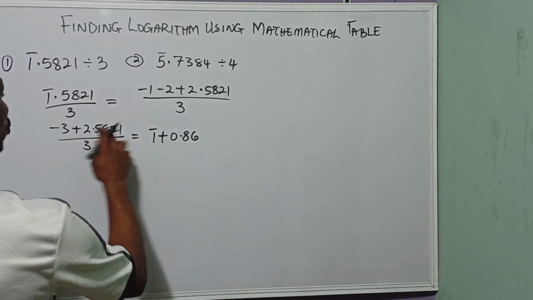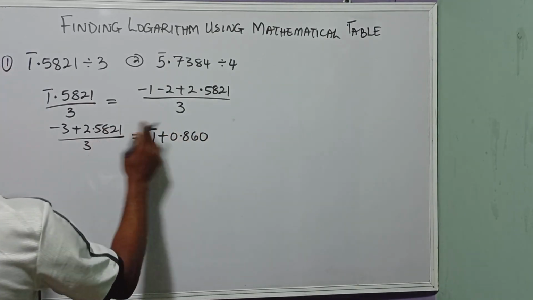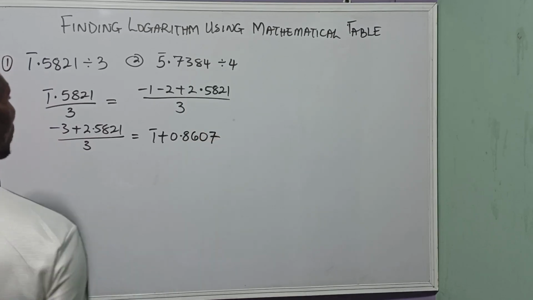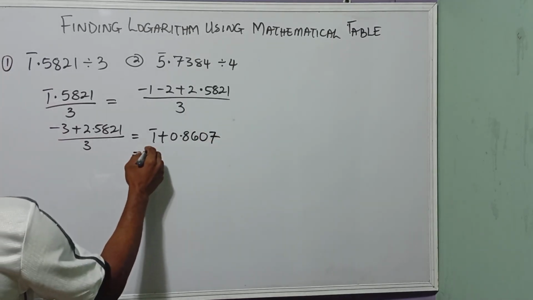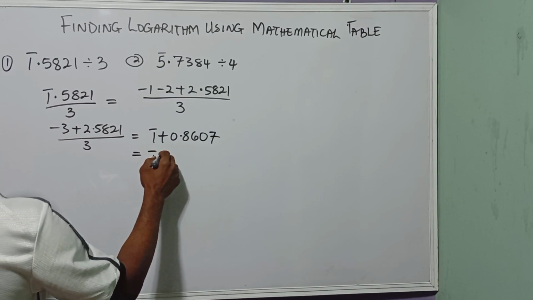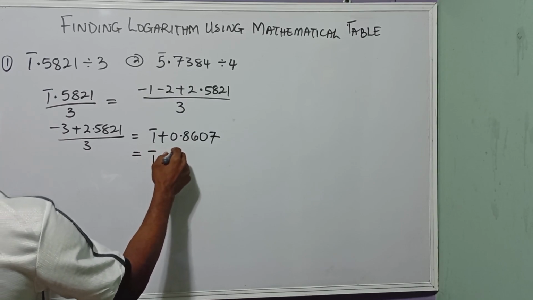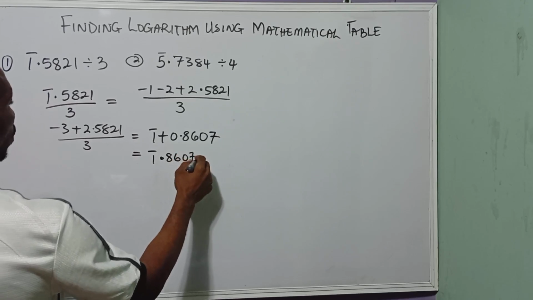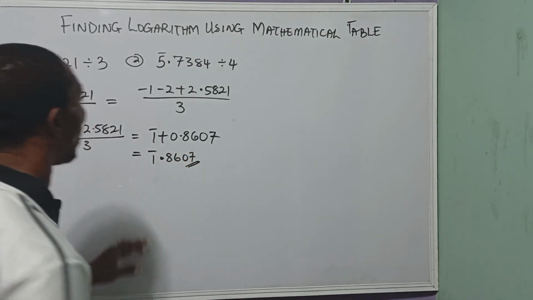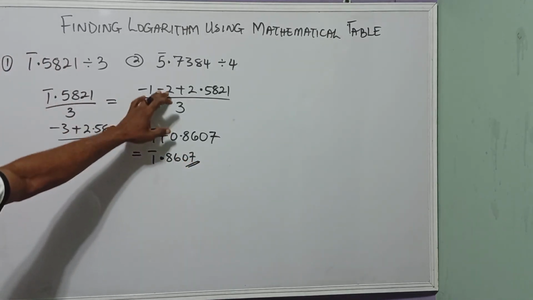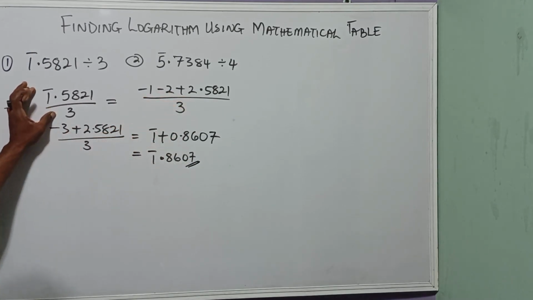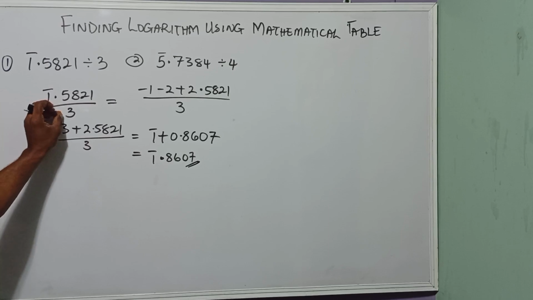Alright, 3 into 2 will be 0, and 3 into 21 will be 7. So when we add this up, we're having minus 1.8607 as our answer. Now you can see how we are able to divide this by our number.